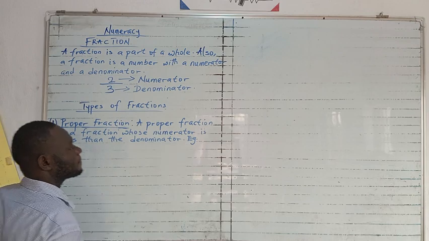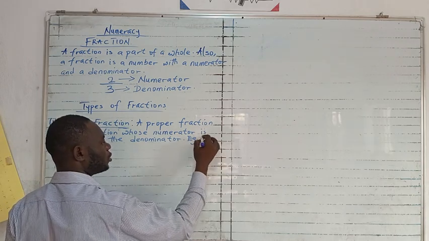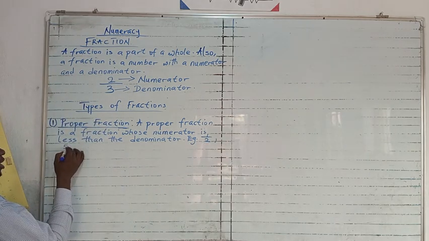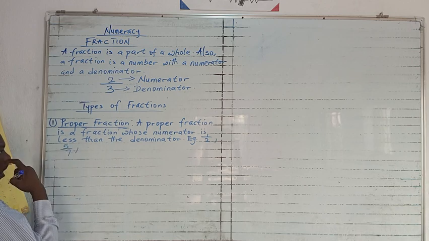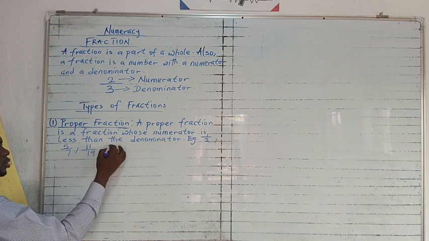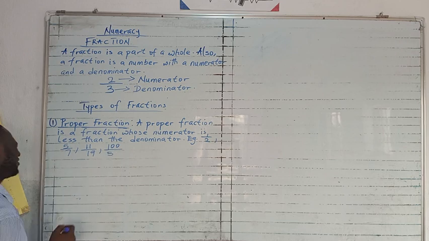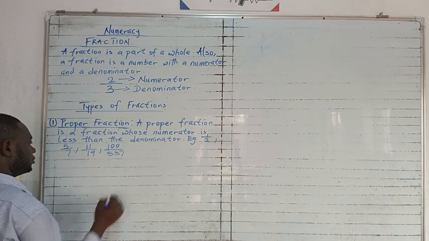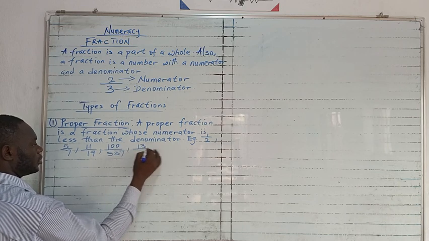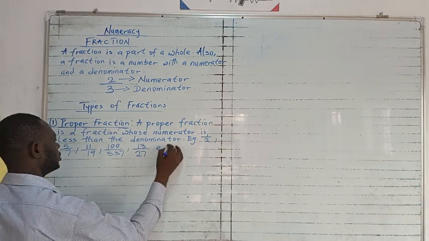Examples, we have 1 over 2, 5 over 7, 11 over 19, 100 over 537, 13 over 27, and so on and so forth.